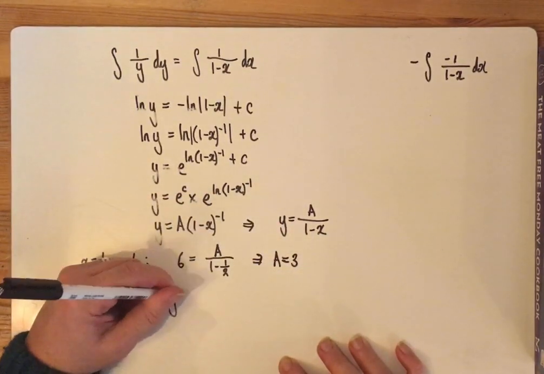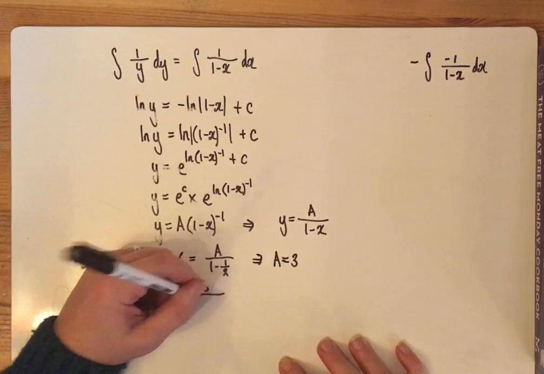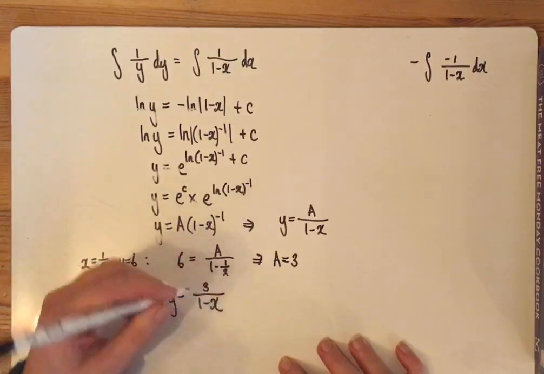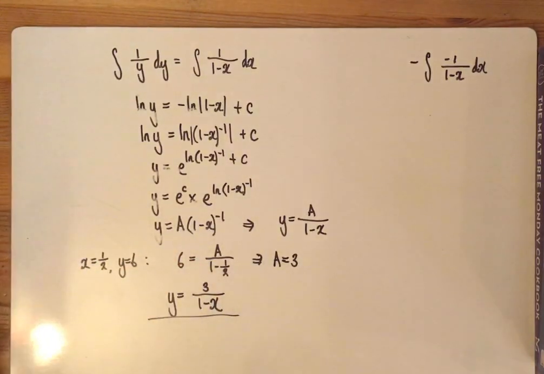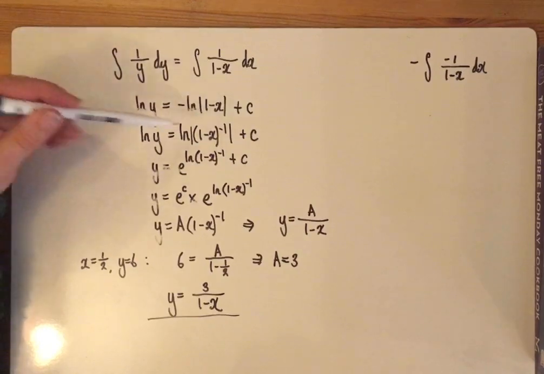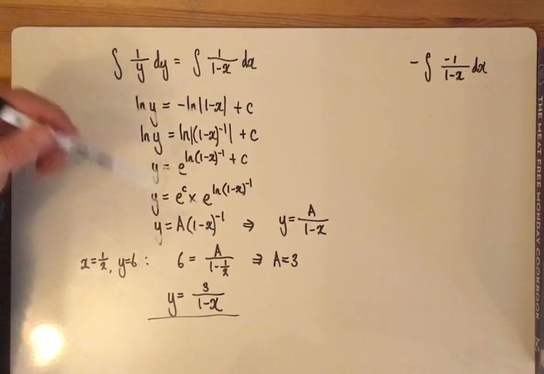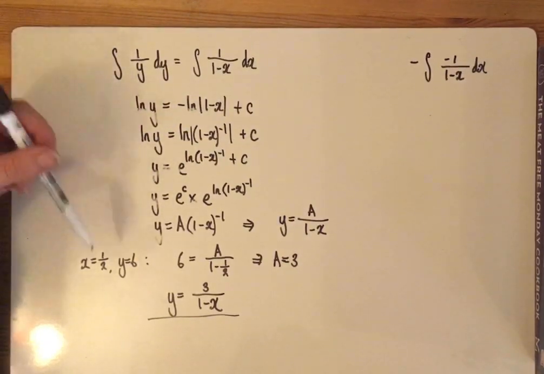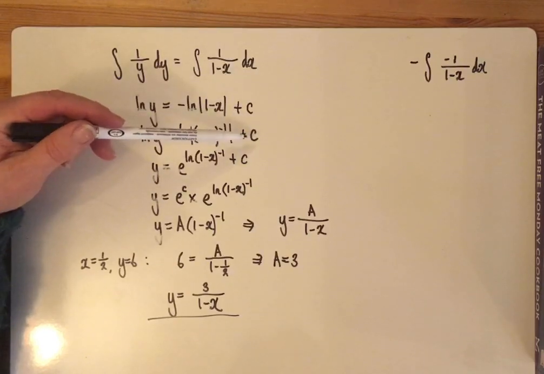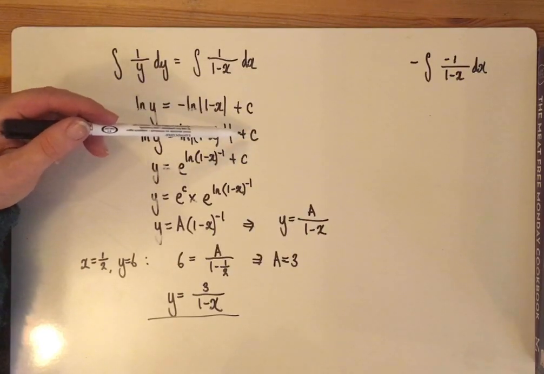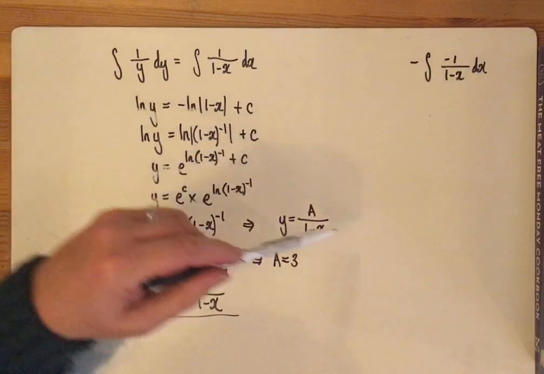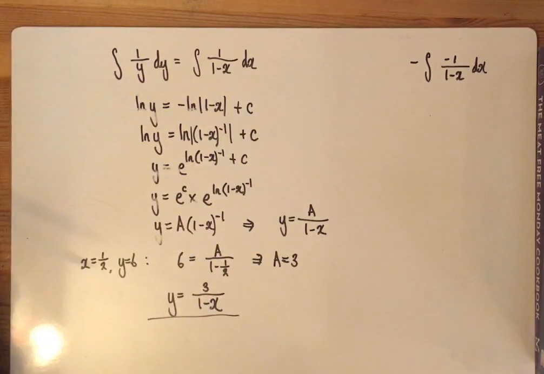And so y is equal to 3 over 1 minus x. You could substitute in at this stage, but you're going to have to combine your logarithms together and unpick it all to get to c, and then do all that work again. So it's kind of easier to substitute in at the end.